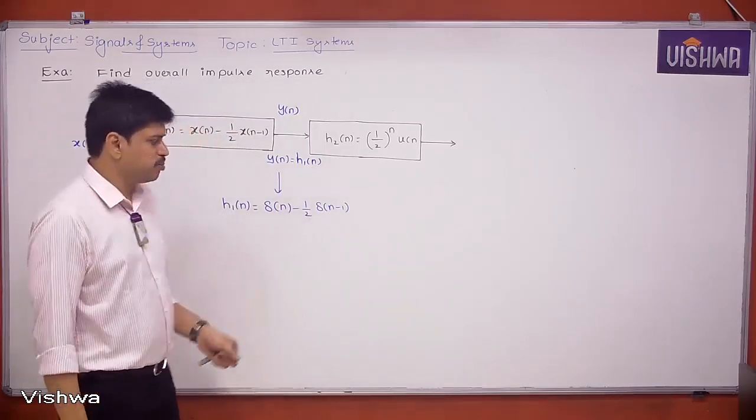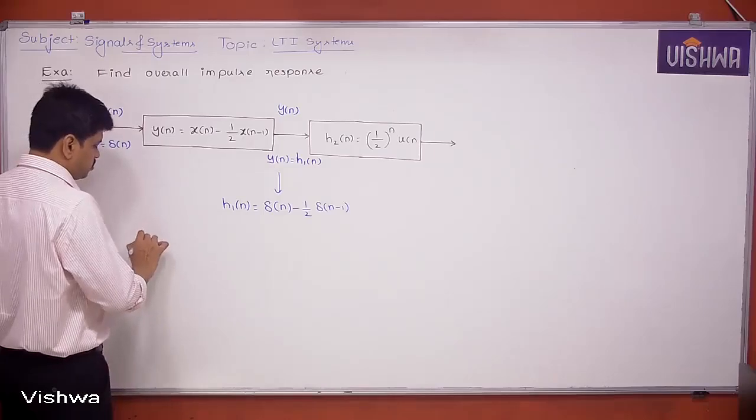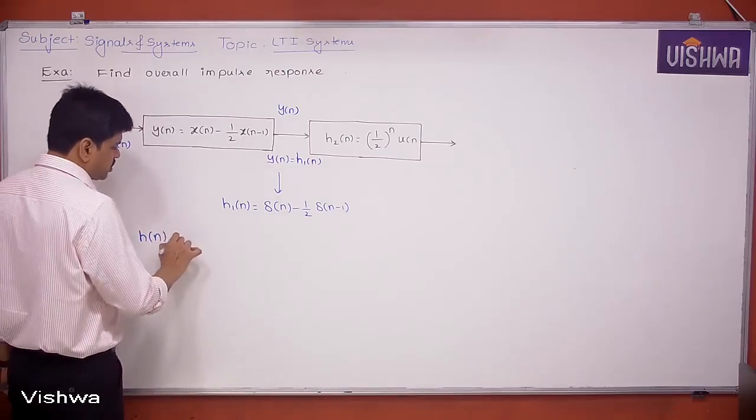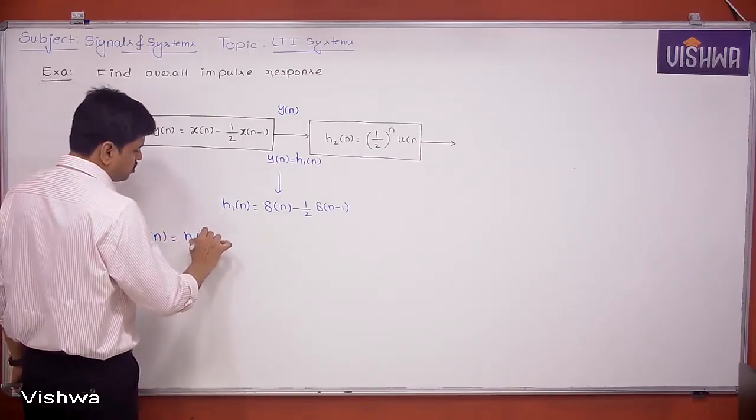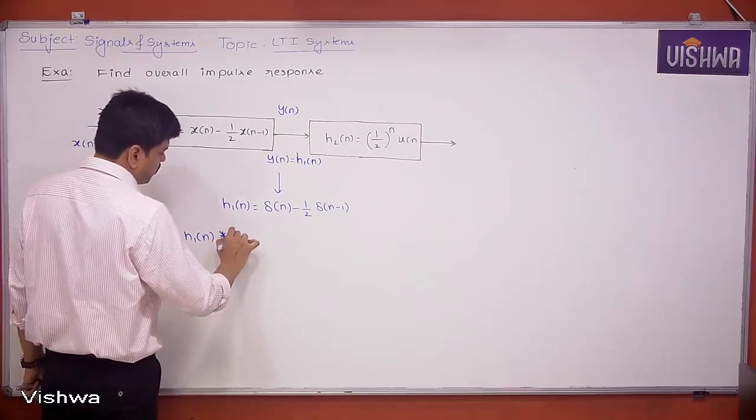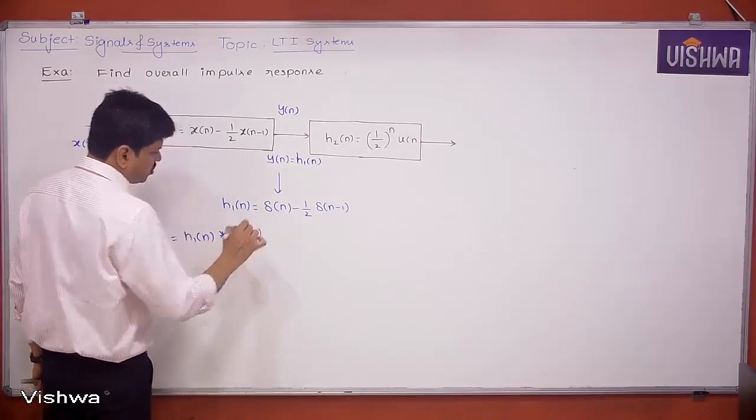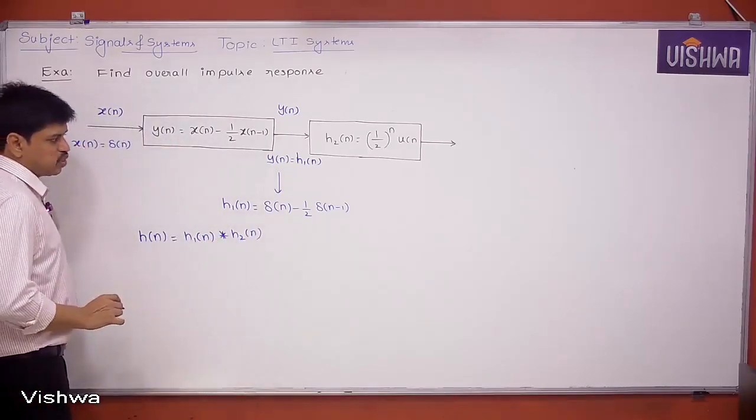Then what is the overall impulse response h of n? It is h1 of n convolution with h2 of n.